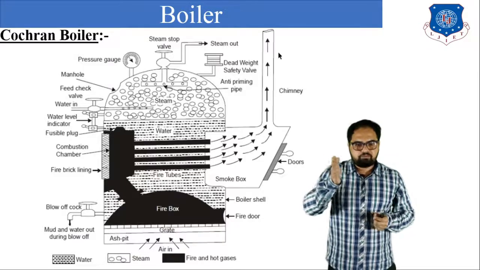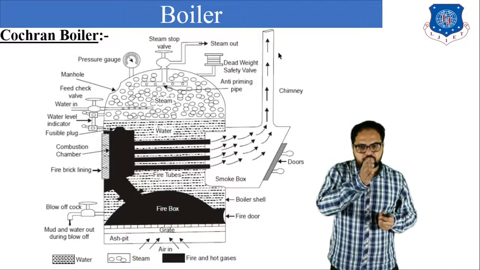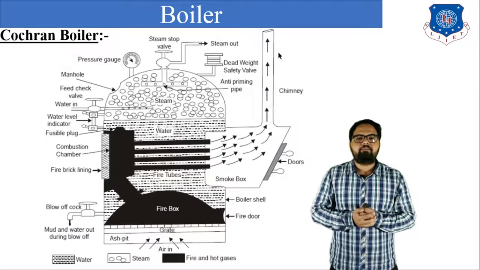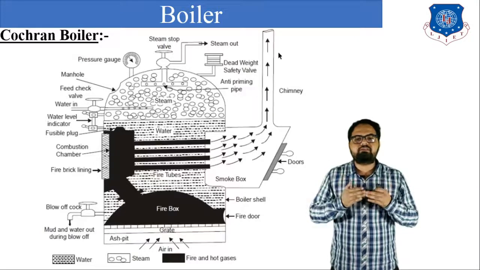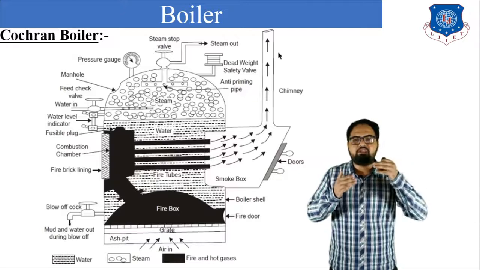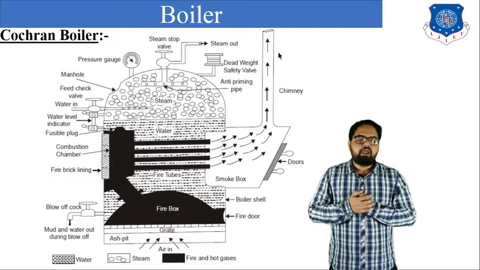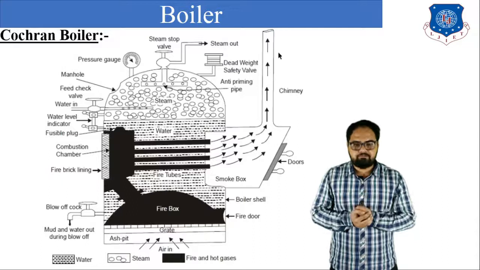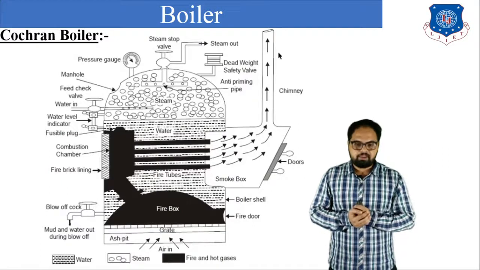When the flue gases transfer through the fire tube, the hot flue gases give their energy to the tube, and then the water receives the heat from the fire tubes and steam is produced from the water.